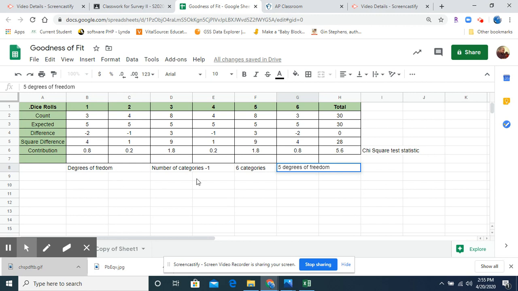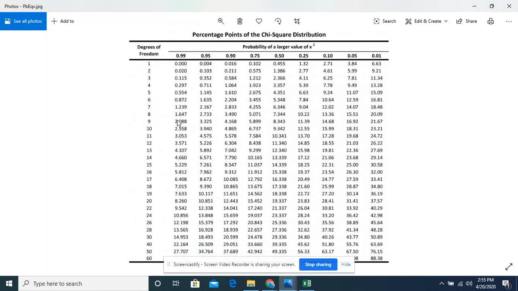Okay, so if I have 5 degrees of freedom, I have a chi-squared of 5.6. I go to my table, I find the number 5, and I try to look for 5.6. It is between these two values. So that means that our p-value is somewhere between 0.25 and 0.5.